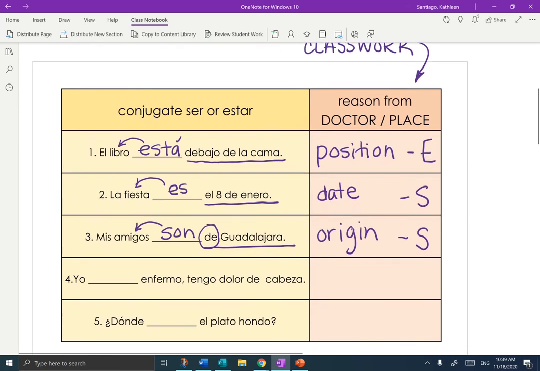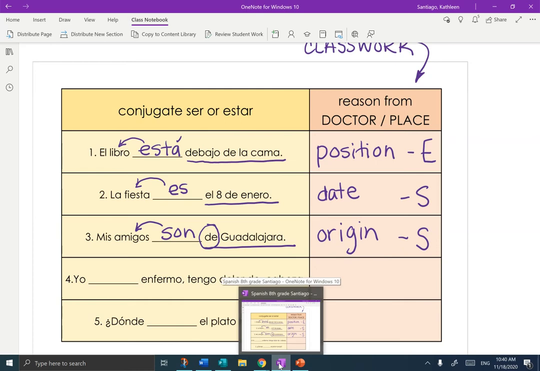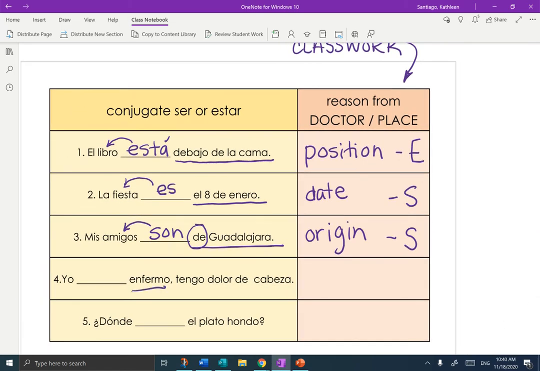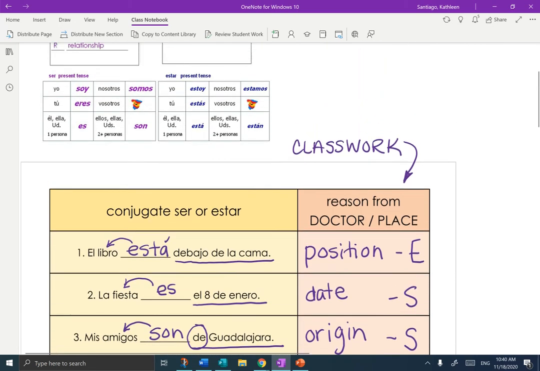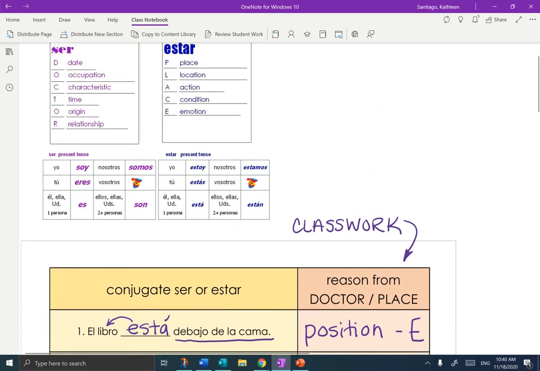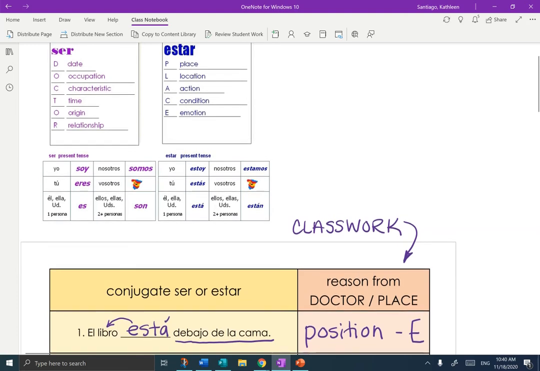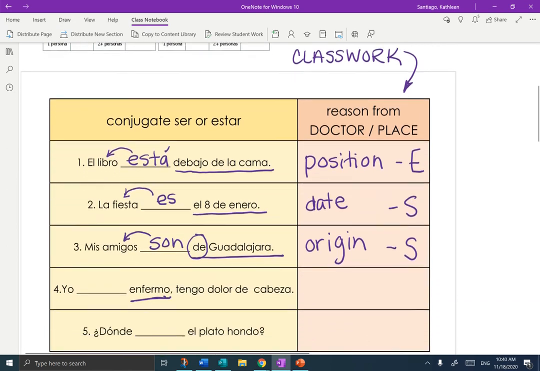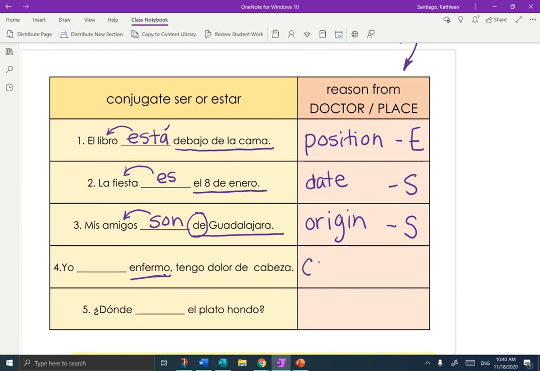Number 4. Yo blank enfermo. Tengo dolor de cabeza. So from my hint, what is enfermo? Enfermo, think about going to the infirmary because you are sick. Well, being sick is a condition because it's temporary.